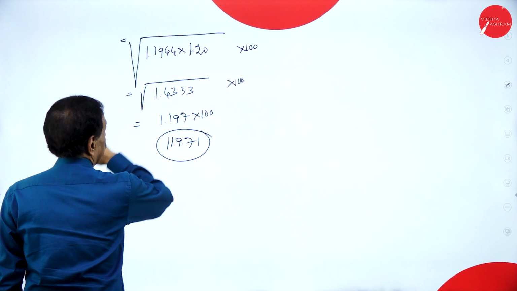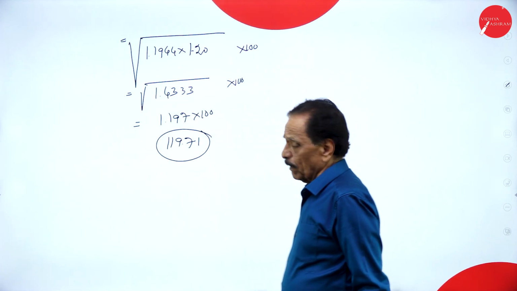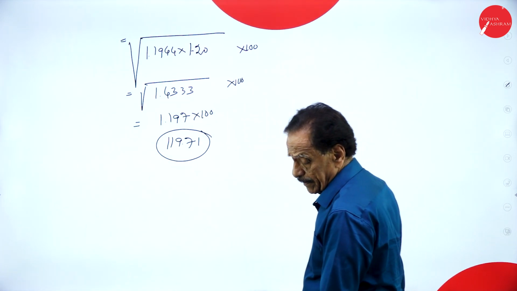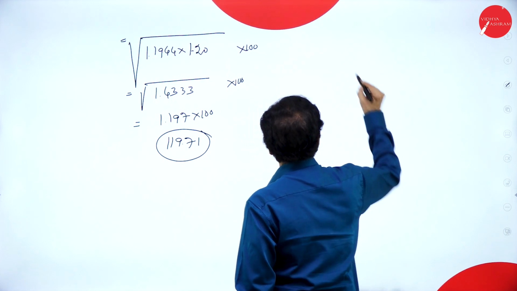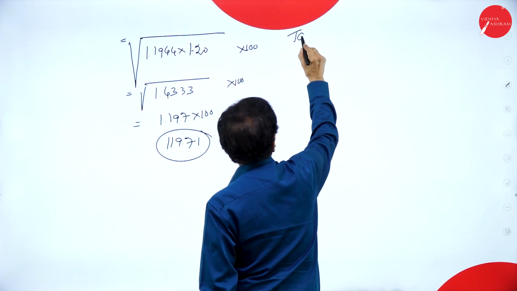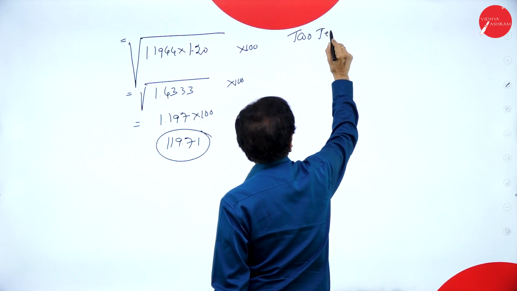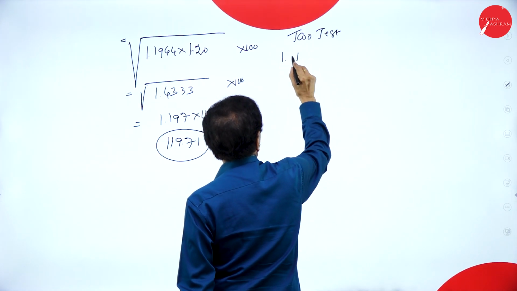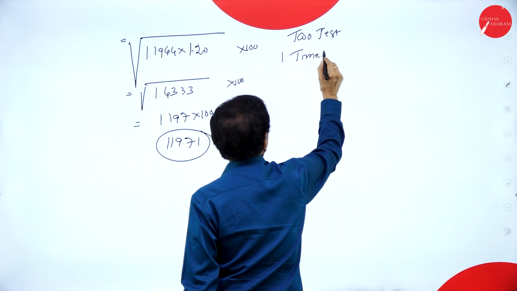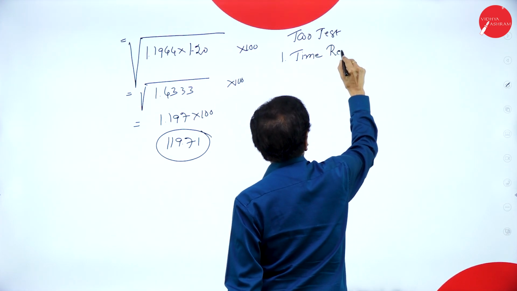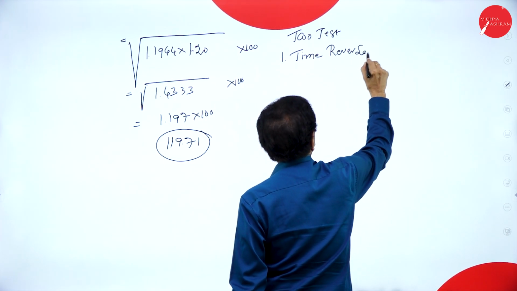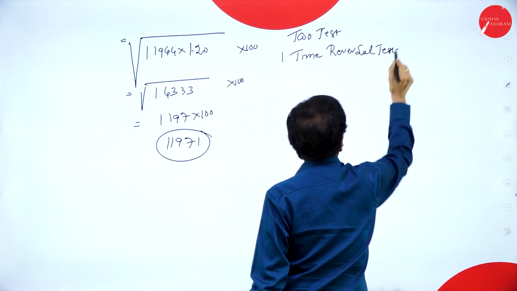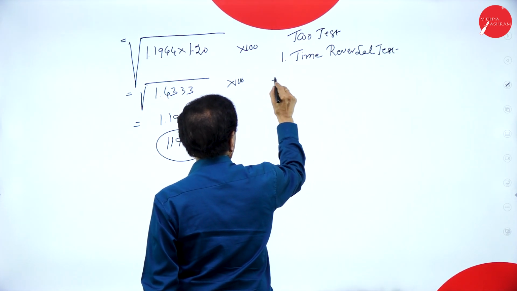Your index number is 119.71. Then two tests. First one, time reversal test. First write the formula.